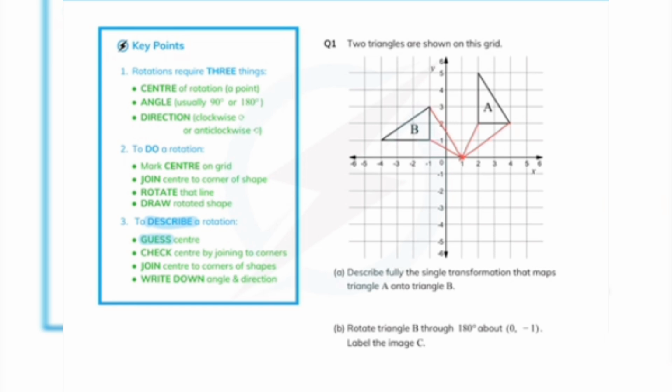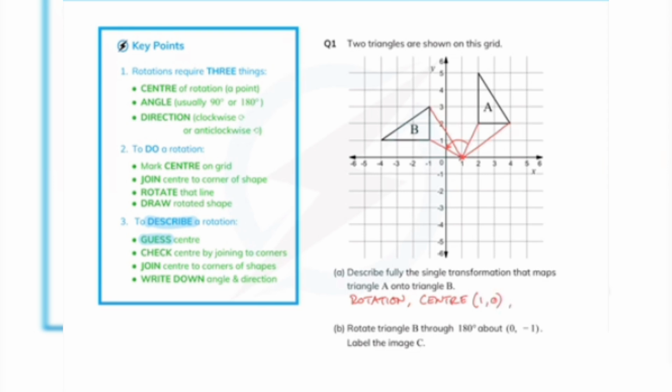How far is it rotated? And in which direction? Well, from A to B, it's gone through that angle there in that direction. So that is 90 degrees anti-clockwise. And we can now write down the single transformation. It is a rotation. You must write that down for 1 mark. Center, you must write this down for another mark, and we've decided it's 1, 0 on the grid.